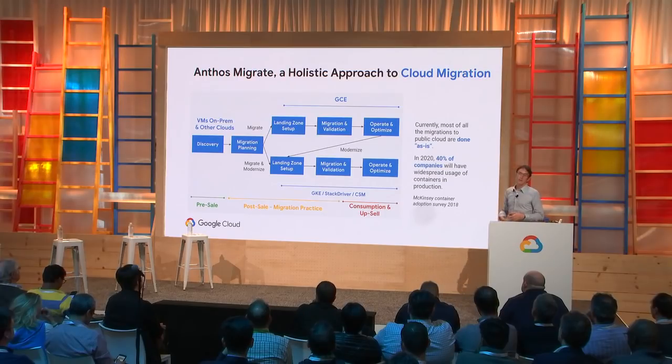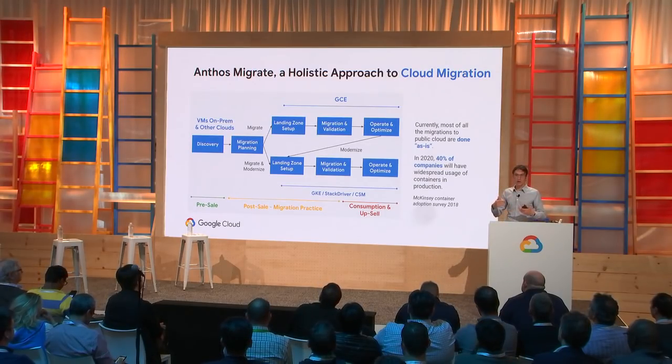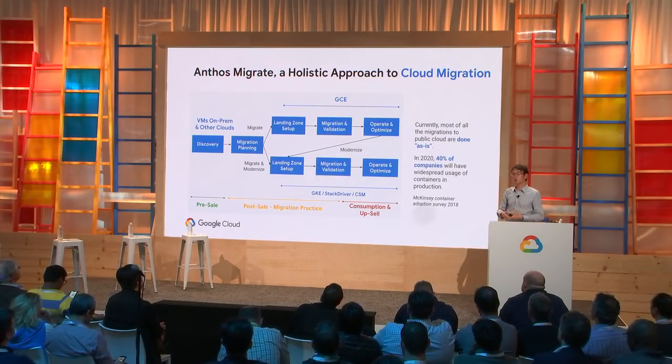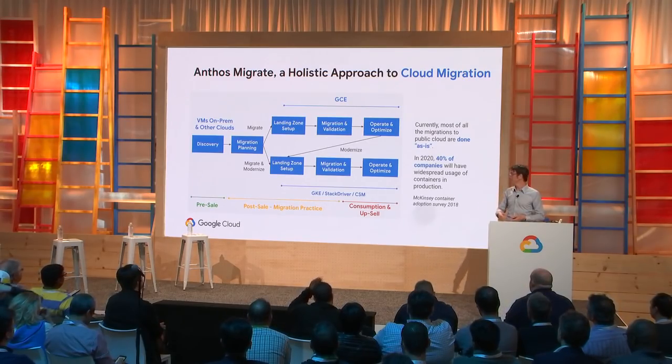Then comes the migration planning, which is still more of a paper phase or discovery phase, where we start thinking about what we are going to migrate, when, and how.